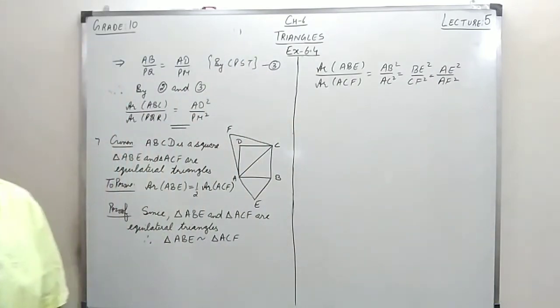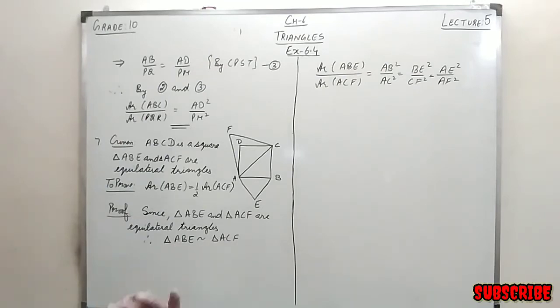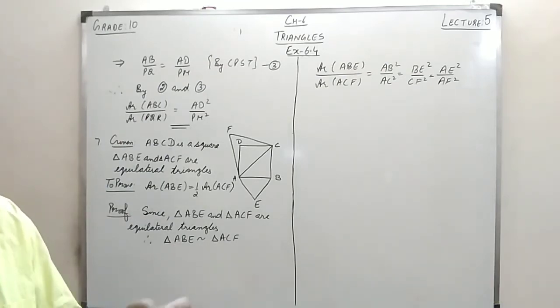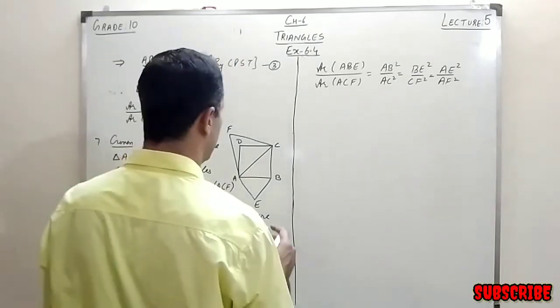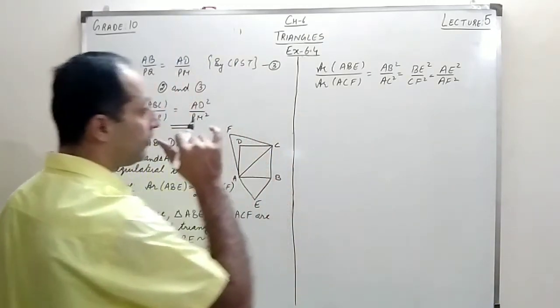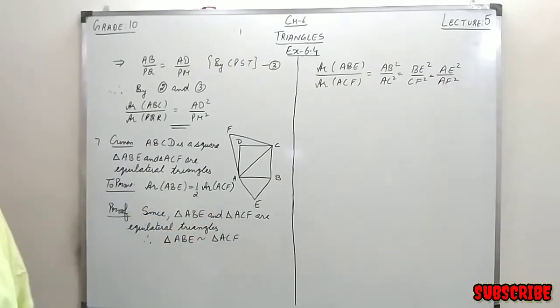One thing more, since the triangles are similar, the order does not matter much here because all the sides would be in proportion to each other, right? Now I just have to prove that ABE upon ACF should be equal to 1 by 2. Basically, this is the thing I have to prove.